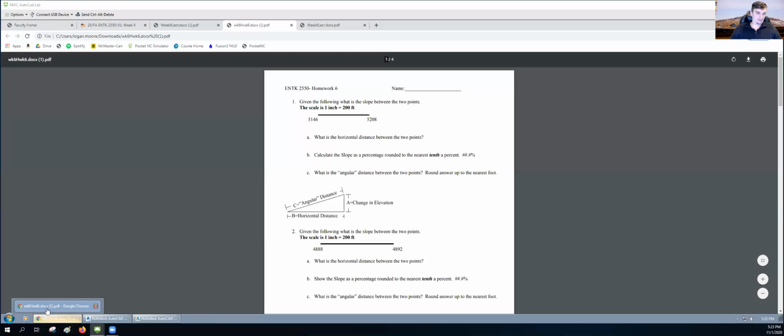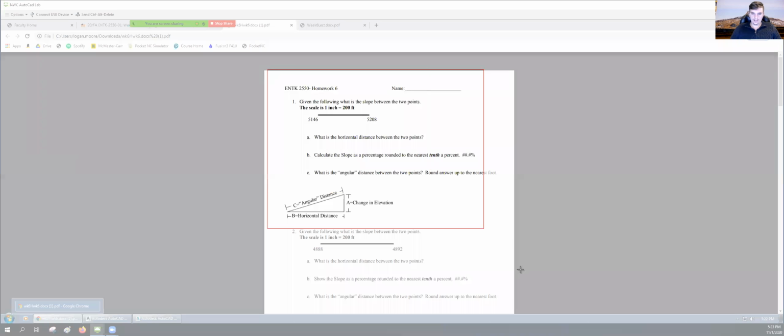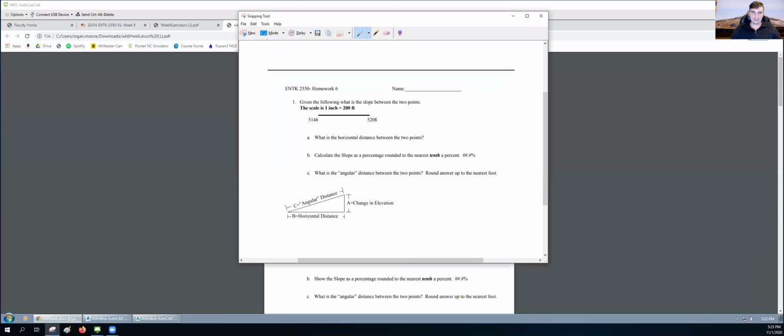I'm gonna go ahead and do a snipping tool so I can write on this. All right, so here's my example problem, all right? So if this guy is 400 feet from here to there, because this is literally 2 inches on the page, this is 1 inch, this is 2 inches, right?